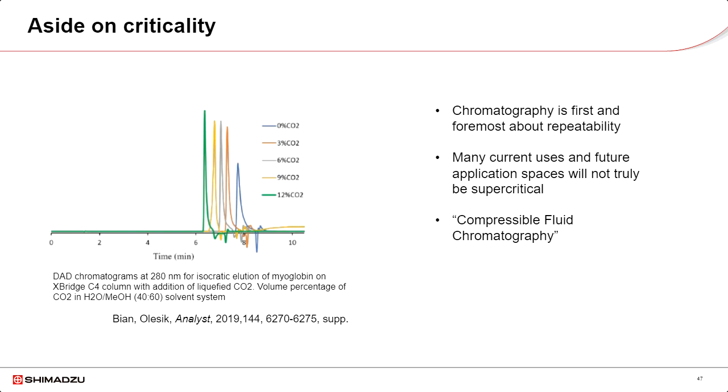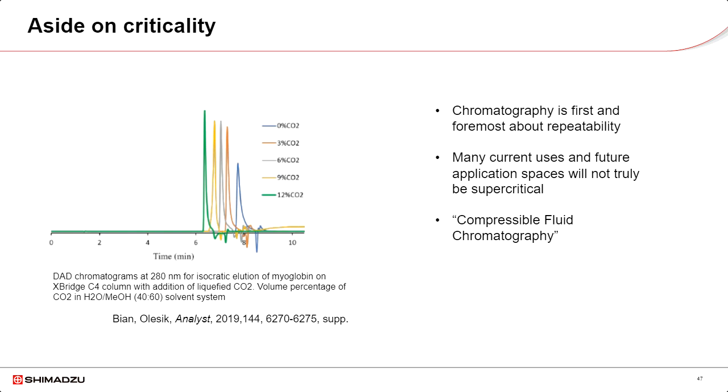Because supercriticality may not be the real access point for using CO2 as part of our chromatography scheme. As Terry Berger once said, if he had to do it again, he would have avoided the term supercritical fluid chromatography being attached to the use of liquid CO2. And instead, he preferred the term compressible fluid chromatography. And I think that's what we need to think about.